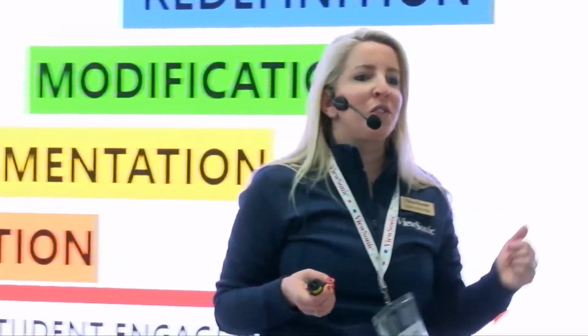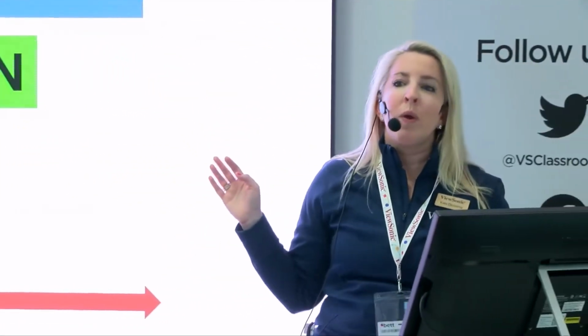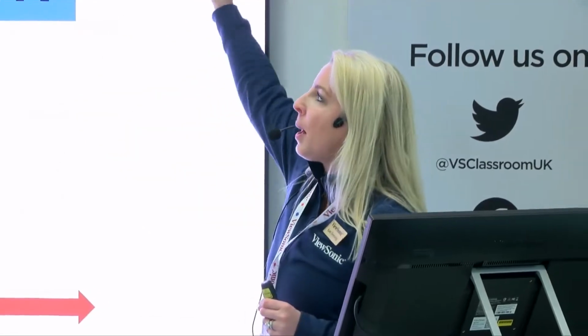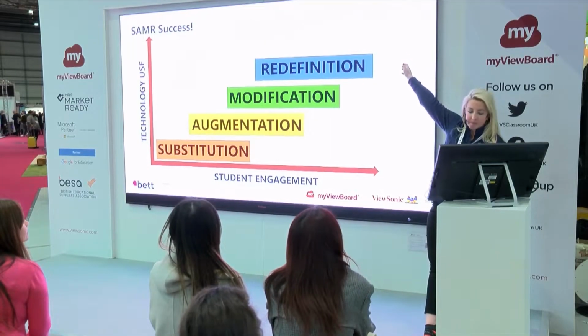There was no distraction to look up Instagram updates. Sure, I was writing letters and notes and folding them funky and passing them secretly, but this is different. Technology and student engagement come hand in hand. What we want to do is get to this top of the graph to redefinition.